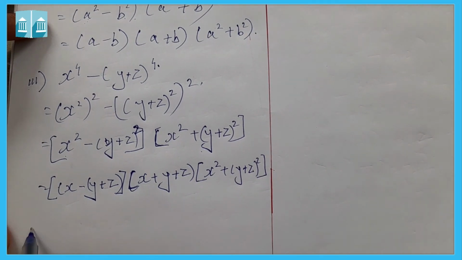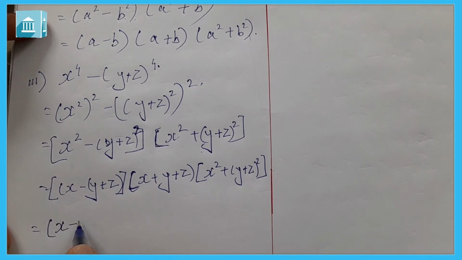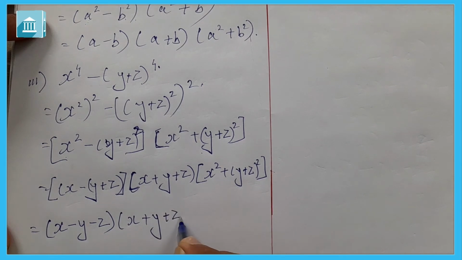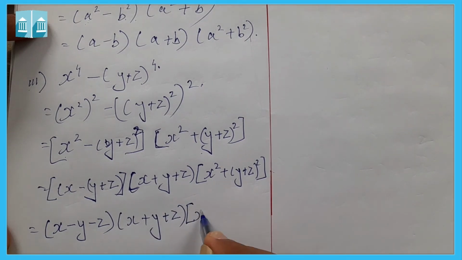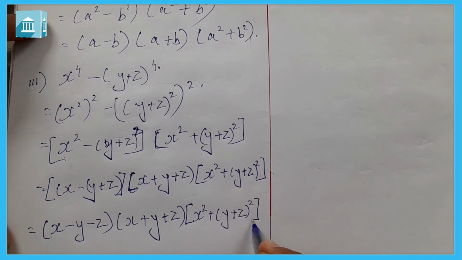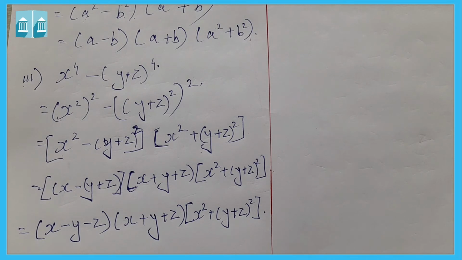So the final answer will be (x minus y minus z) into (x plus y plus z) into (x square plus (y plus z) whole square).